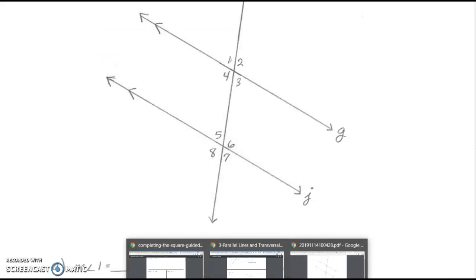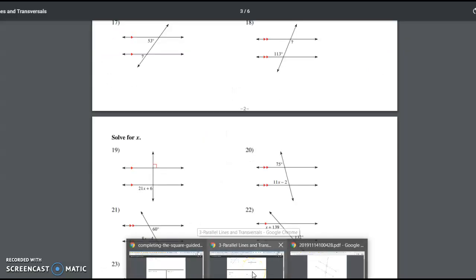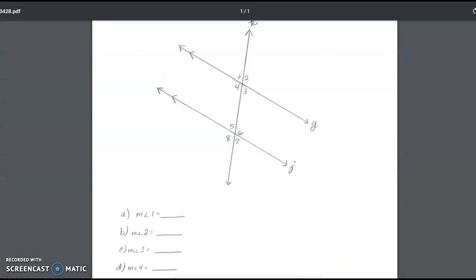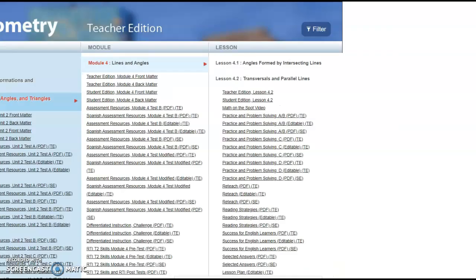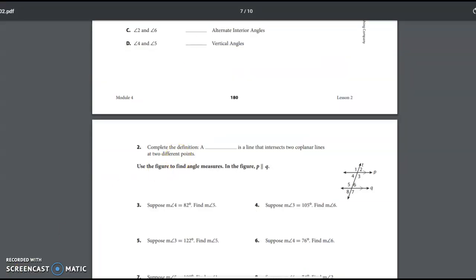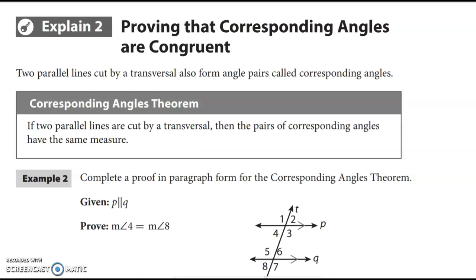So on the back of this sheet of paper, I want you to write the corresponding angles theorem in your notes, on the back side of that sheet that you measured your angles. Okay, in order for those corresponding angles to be equal, the lines have to be parallel.